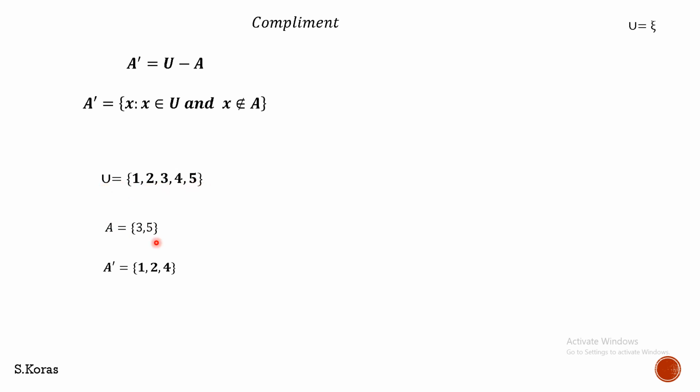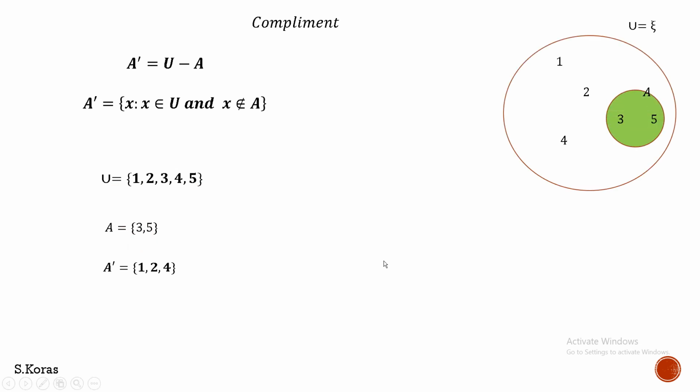Comparing this with A, what is not existing in A, that we have to write. The elements which do not belong to A, comparing with the universal set, are 1, then 2 and 4. So this is our A dash.